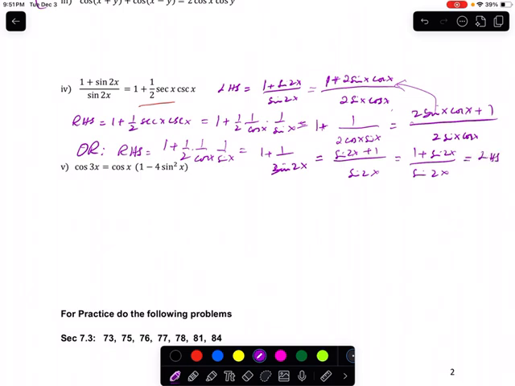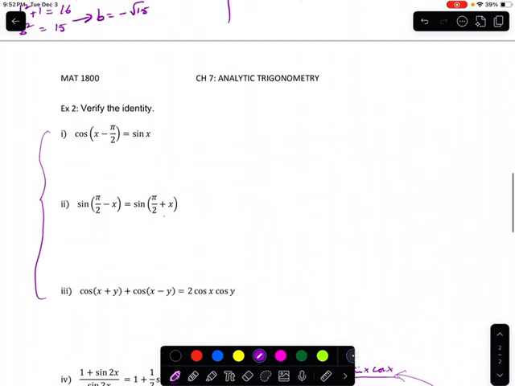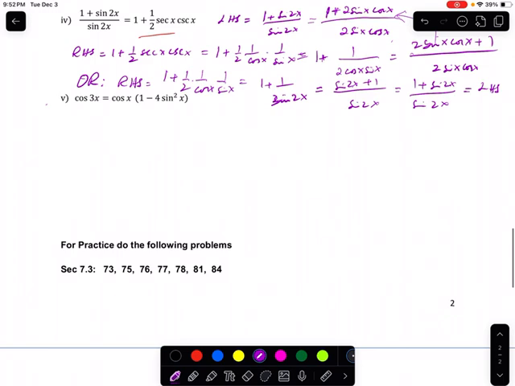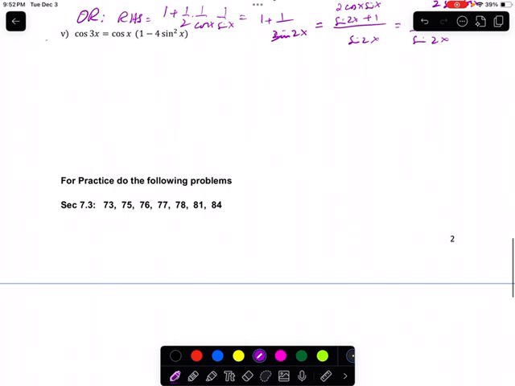So we started with right hand side, we showed that it is equal to the left hand side. So we are done. Okay, now looking at the next one. This is a little bit complicated, as I mentioned earlier. So how would we start? What would be our first way of thinking?